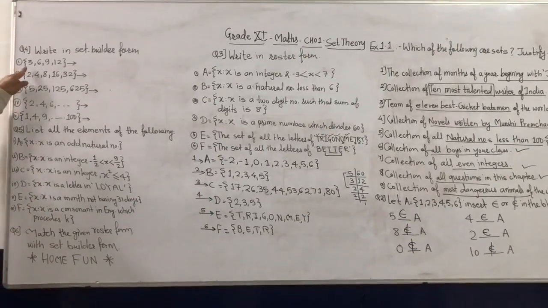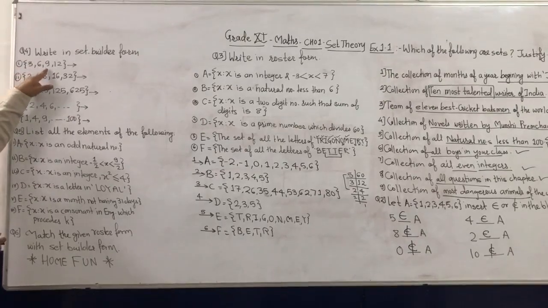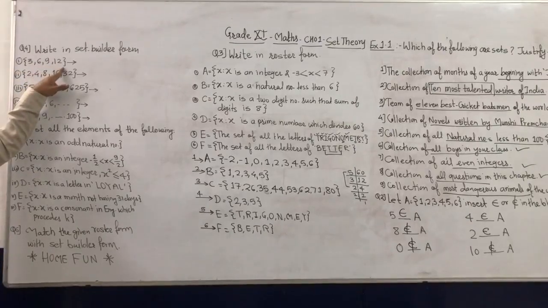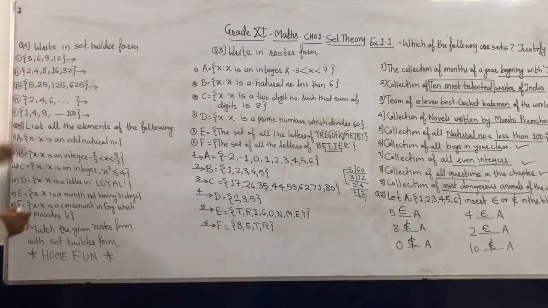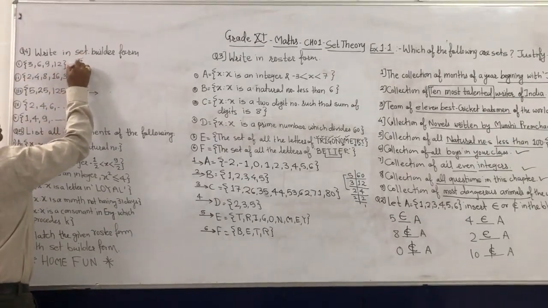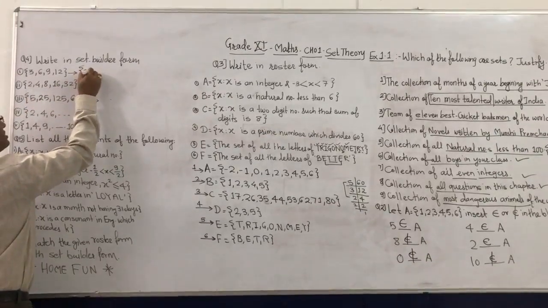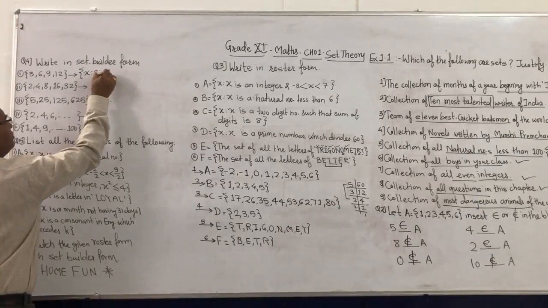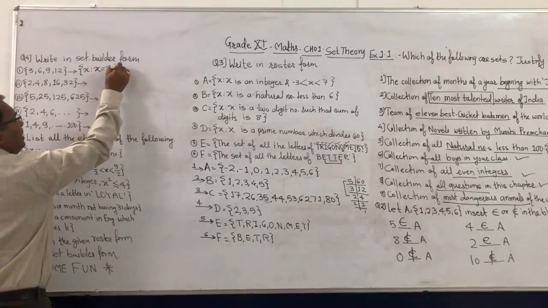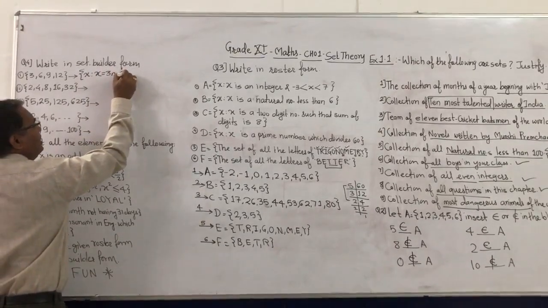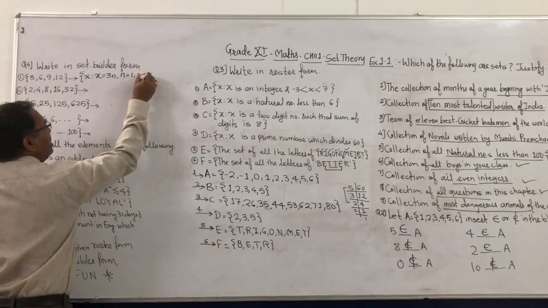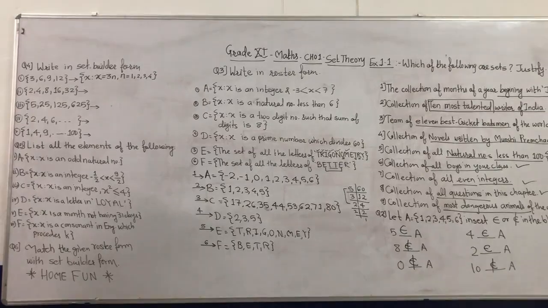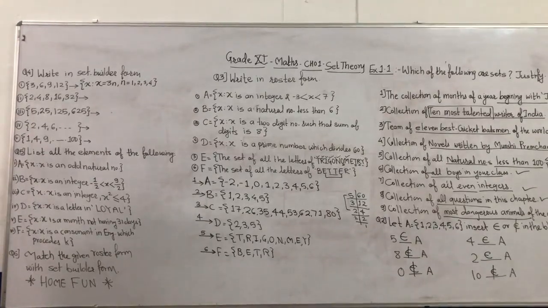If you observe here 3, 6, 9, 12, these are multiples of 3. We can write it in that form as x such that x is equal to 3n, where n is equal to 1, 2, 3, 4. In this way also we can write, or we can write n is a natural number less than 5.